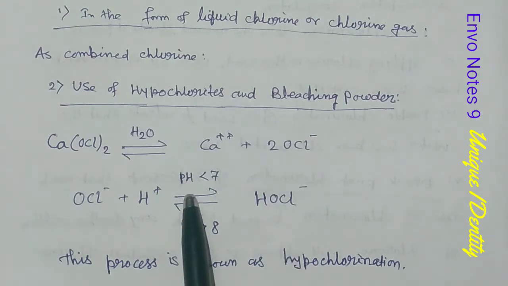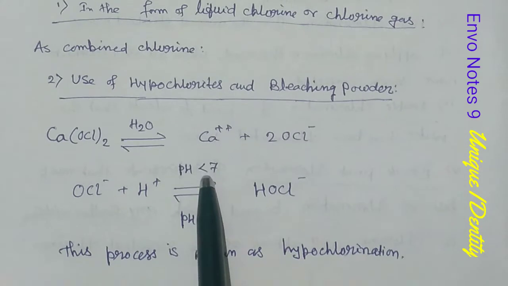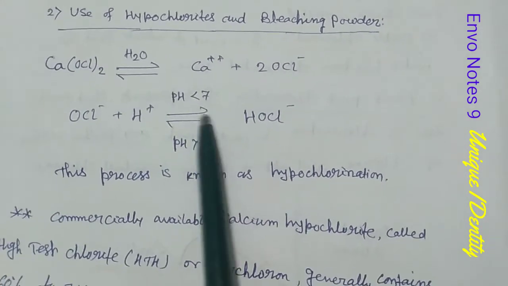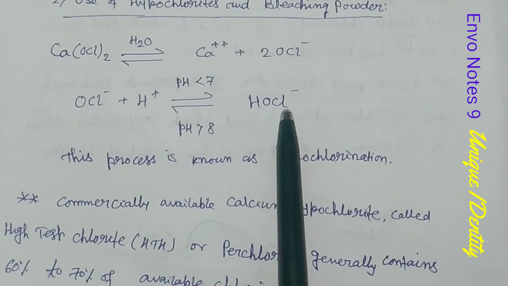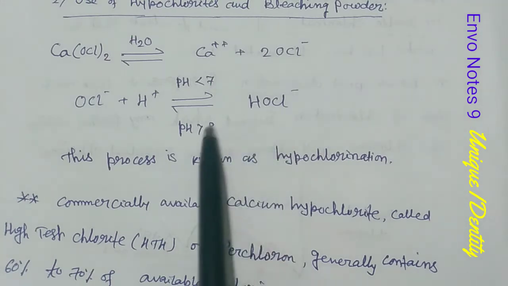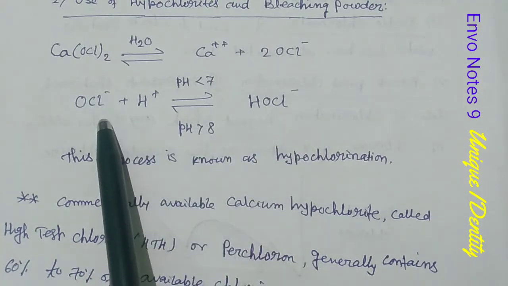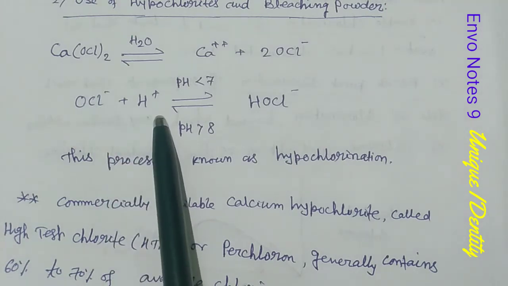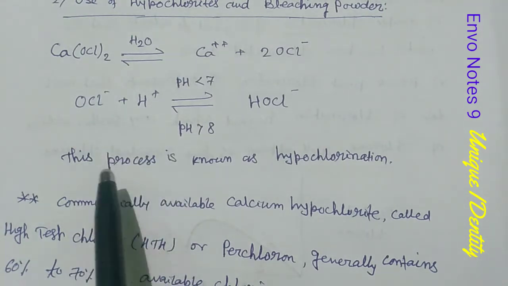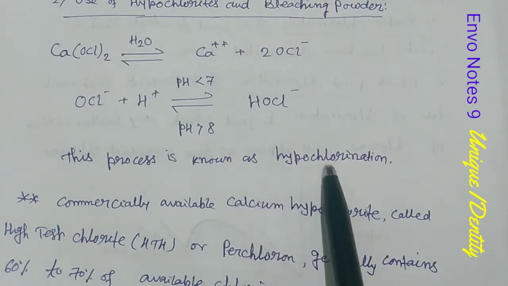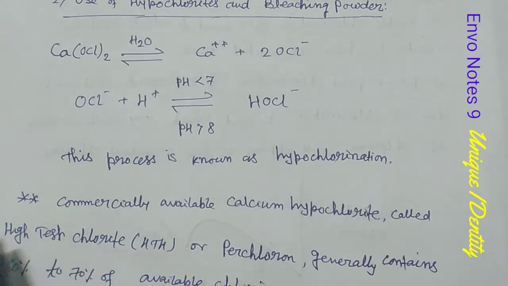As we previously discussed, whenever pH is less than 7, it forms HOCl, and whenever pH is greater than 8, HOCl again breaks into OCl minus plus H plus. This process is known as hypochlorination.